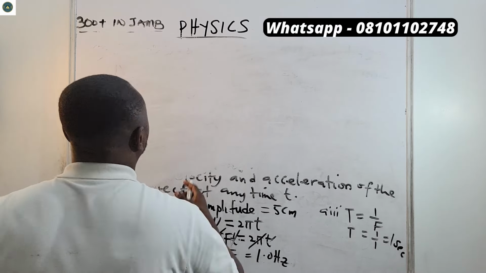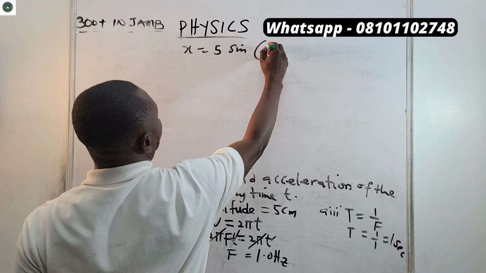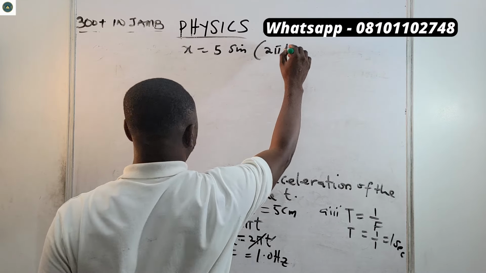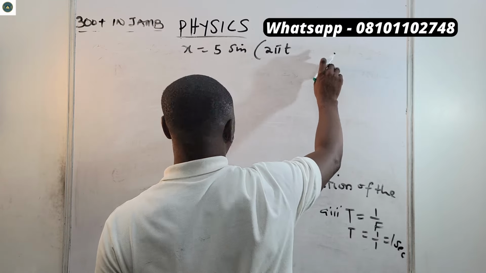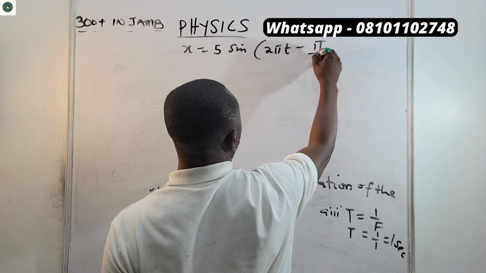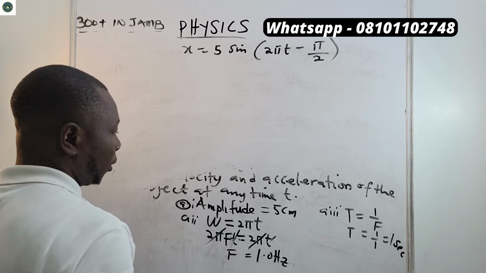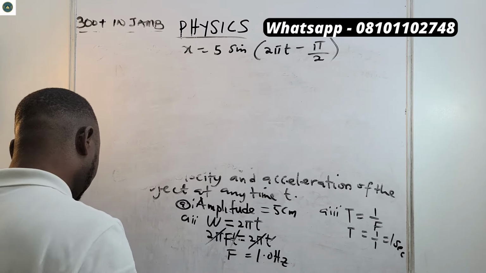Now we're made to understand that x is 5 sine (2 pi t minus pi over 2). We can equally get the phase constant.